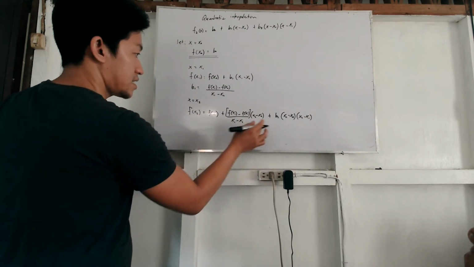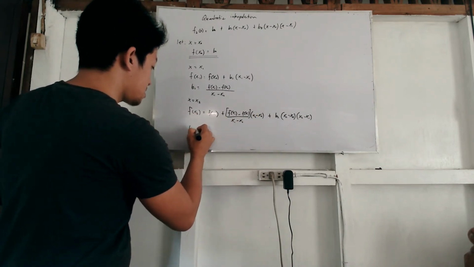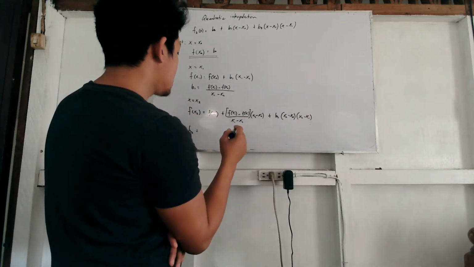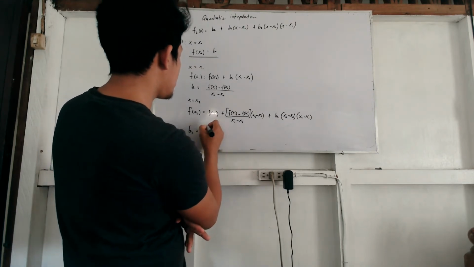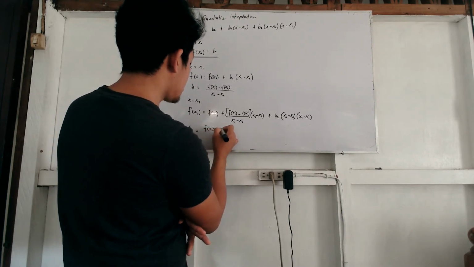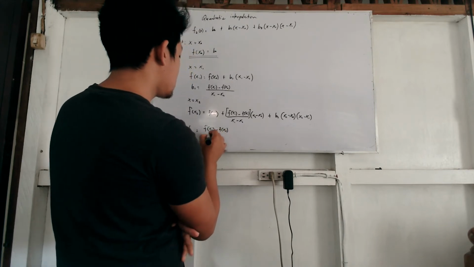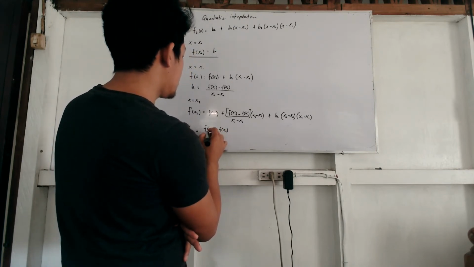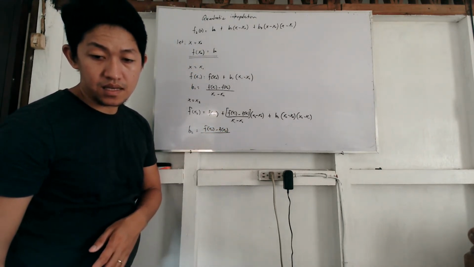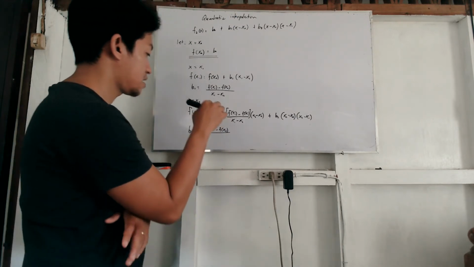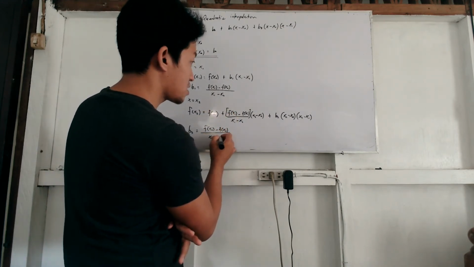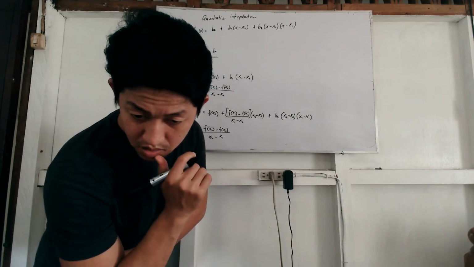And then transfer this one to the left side. This becomes b2 is equal to, and then divide by this term, f of x2 minus f of x0, divided by x2 minus x1, right?